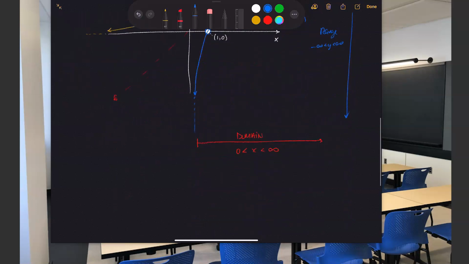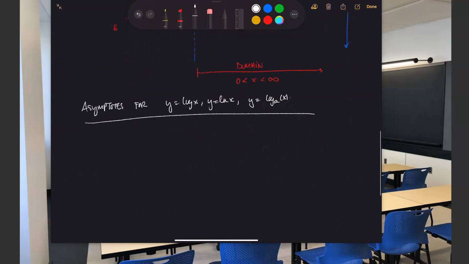Again, we want to maybe name out some asymptotes here. Asymptotes for y equals log x. We see that we have a vertical asymptote at x equals 0, or the y-axis.